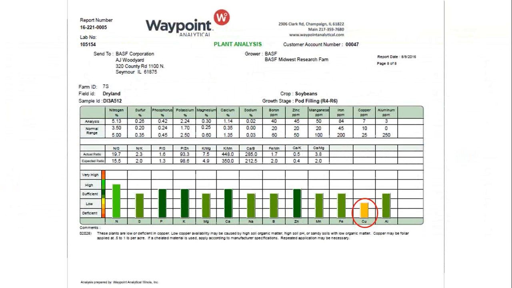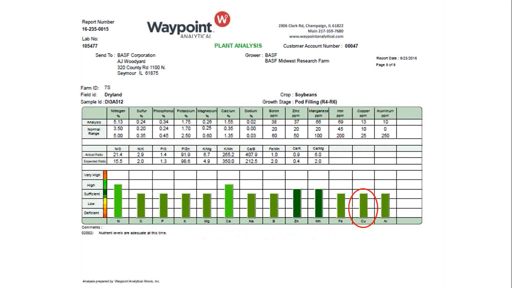We were tissue testing every week, so we've got an entire graph for every nutrient of tissue tests through the whole year. In some cases we would see a nutrient like copper be limiting, and then we were trying to find a way to address that. In some cases we can make foliar applications and address it. In other instances we struggled to get responses for certain nutrients when we got behind.